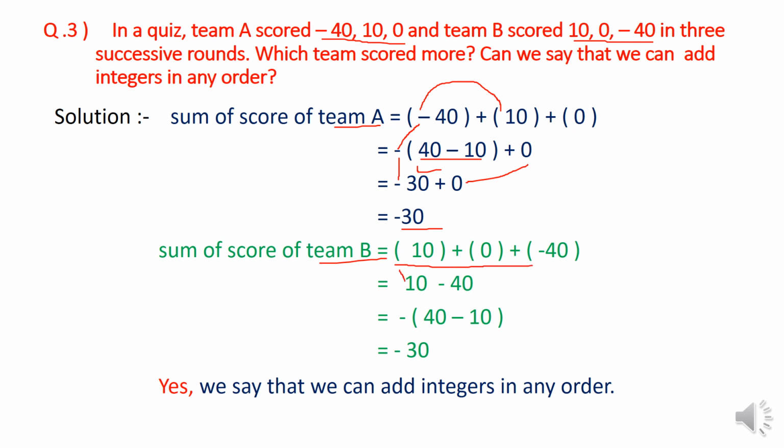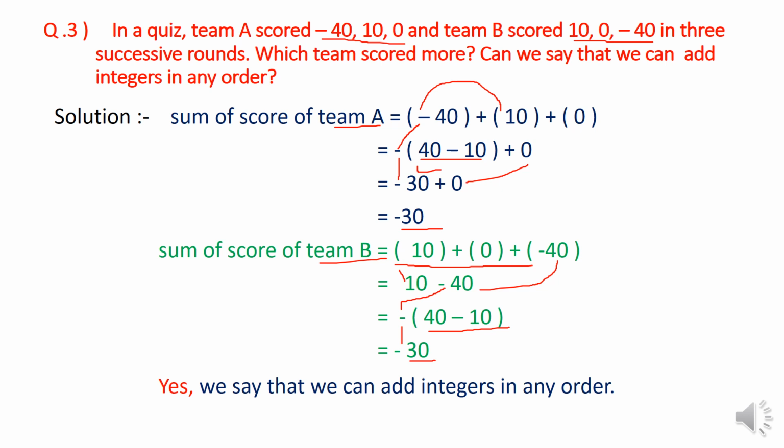So, 10 will be as it is here, then minus 40 will also be as it is here. 10 is plus, 40 is minus, so they will be subtracted, the difference will become 30, but 40 has the greater number sign, so this sign will come outside. So, the sum of the score of team B will become minus 30.